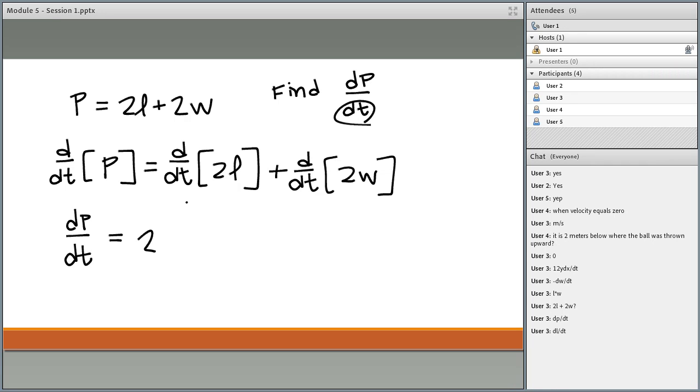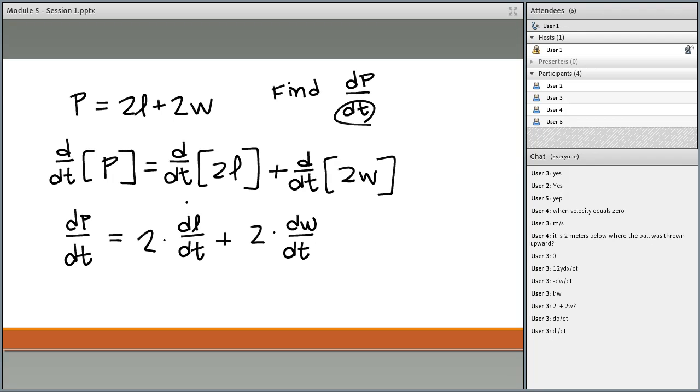Good. Excellent. The derivative of L is 1, but then times the derivative of the inside function, so it's just dL/dt. Okay. And very similar with the second term. The 2 stays where it is, and the derivative of W with respect to t is just dW/dt.